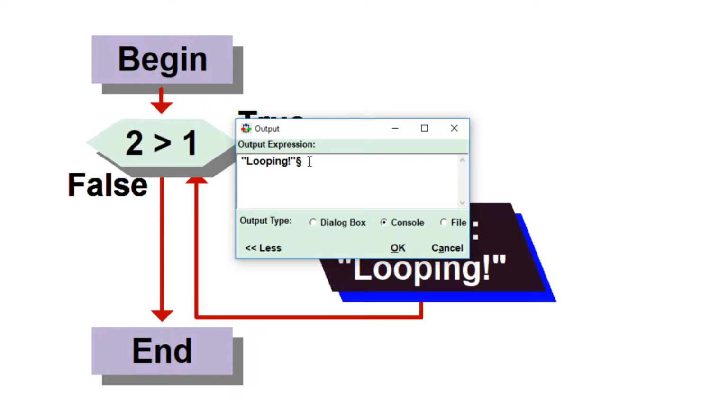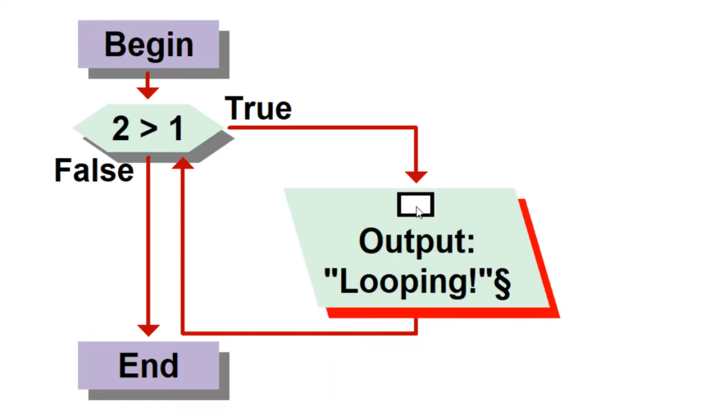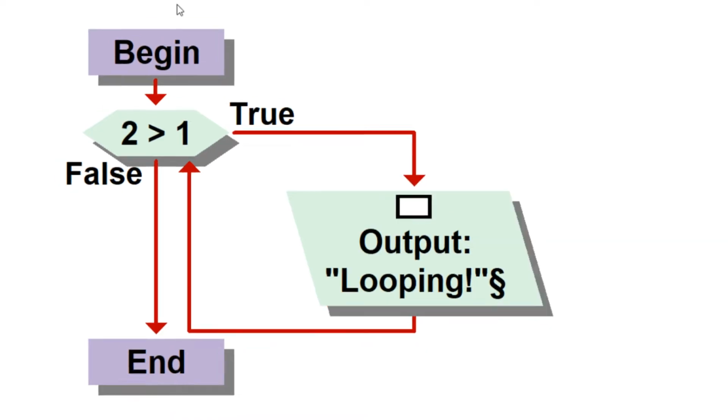This character we're going to use as an end-of-line character, and we'll see how that's applied as we go forward. What I want to do is compare the difference between dialog box output and console output. You'll note that the output block changes to show this end-of-line character, and this rectangle appears to indicate that this output block is now using the console.